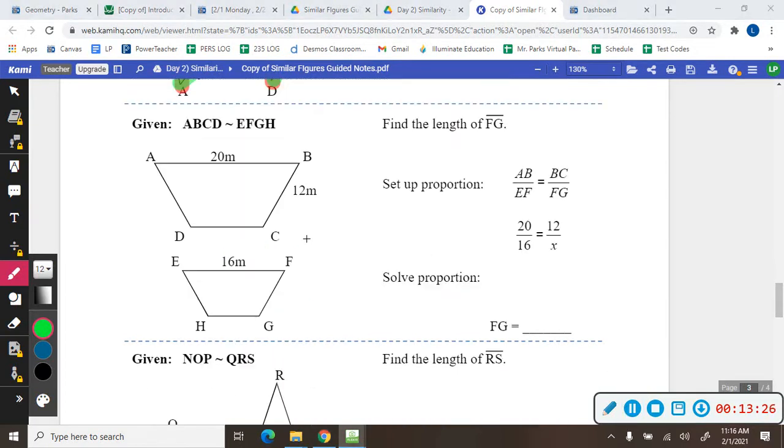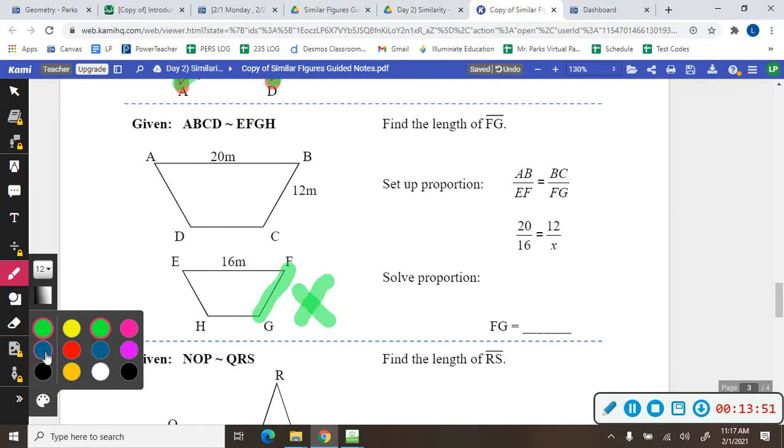Here's another example. They tell you that this figure is similar to the figure on the bottom, and they want us to find the length of FG. They want us to find this. Okay, since we don't know what that is, we're going to make that be a variable, x. Okay, so that's going to be our x. And so we're going to set up our proportion. And there's many ways to do this.